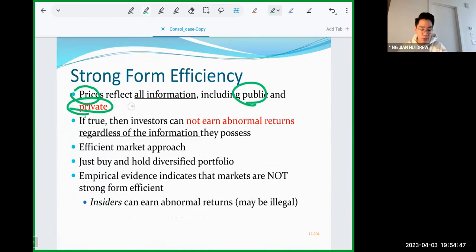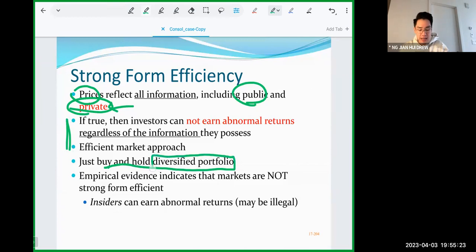So if an investor wants to make excess return or abnormal return that we mentioned earlier, it is impossible, because the market has already included all information, including your own private information. It means that as an investor you cannot make excess return, therefore what should you do? You should just buy and hold a diversified portfolio.